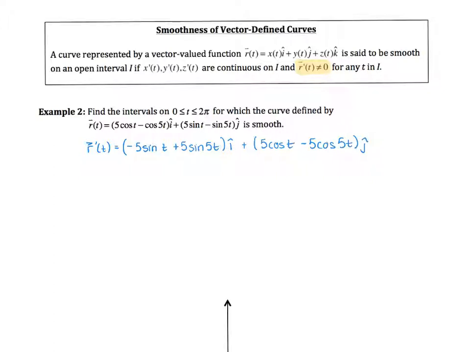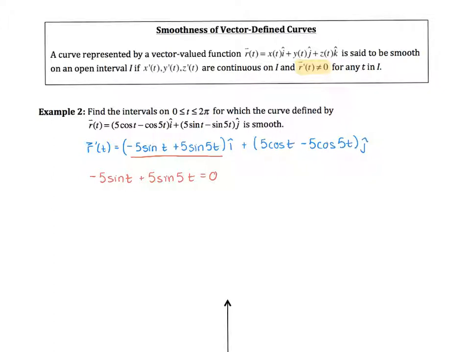All right, so let's start with our x component. This has to be equal to 0. So I'm going to divide out the 5, maybe rearrange some things to make it pretty.